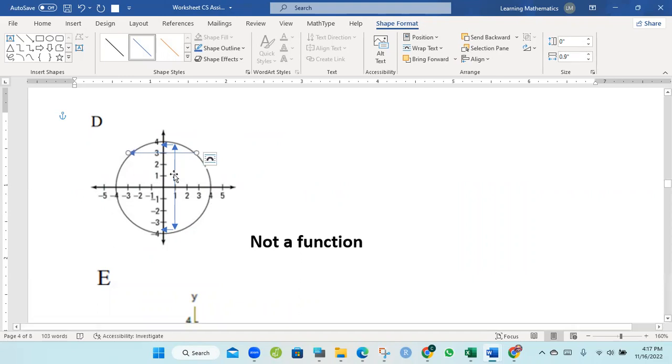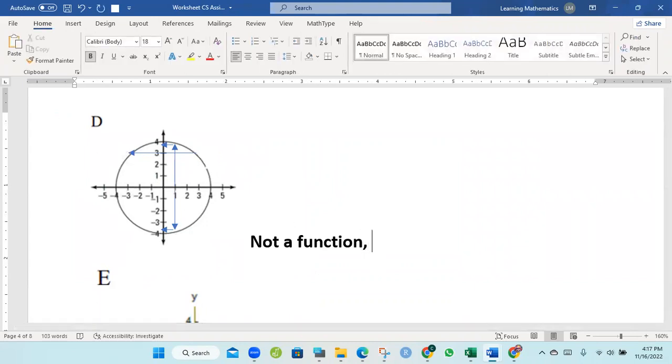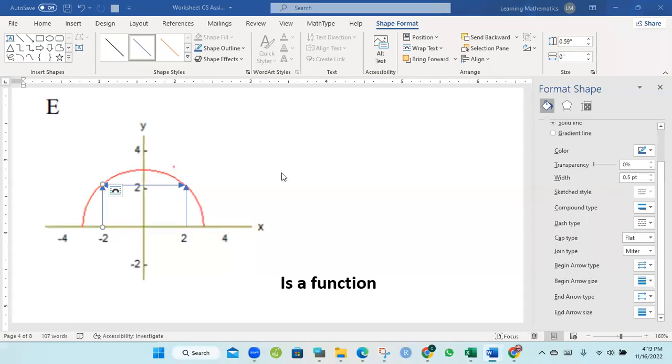Look at 3. 3 goes to 3 and -3 also. 1 goes to almost 4 and -4. So this is a many-to-many mapping. Now, as you can see, -2 goes on to, let's say, 2.1, and 2 goes on to 2.1 also. So many going to 1. You see it?